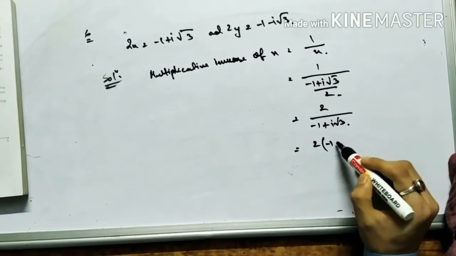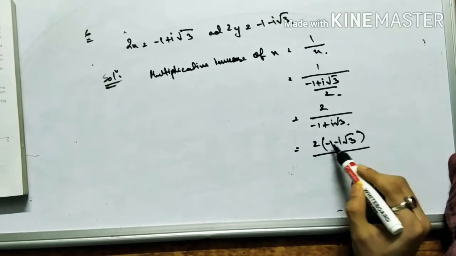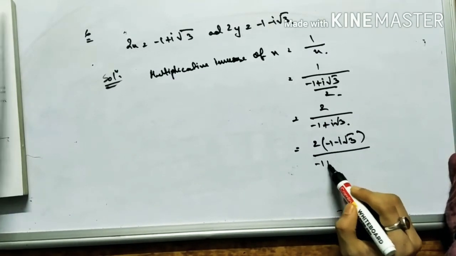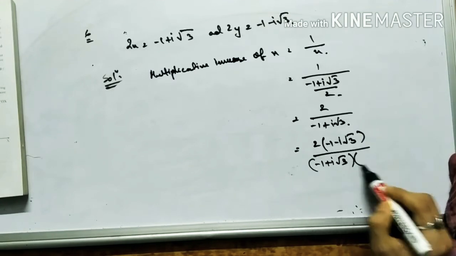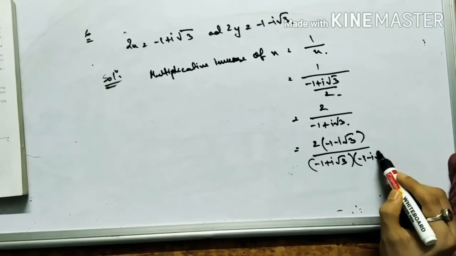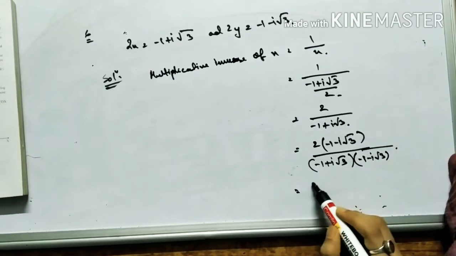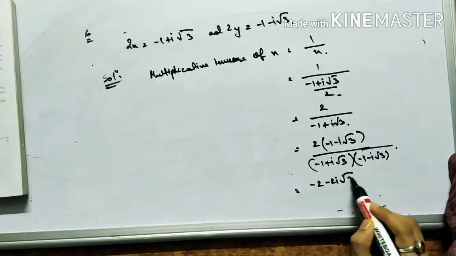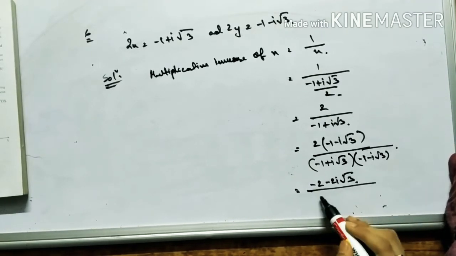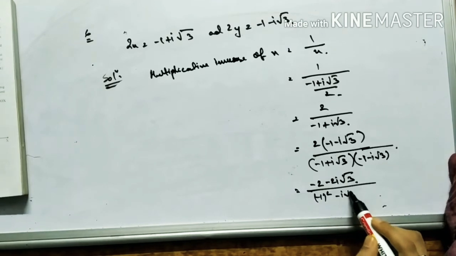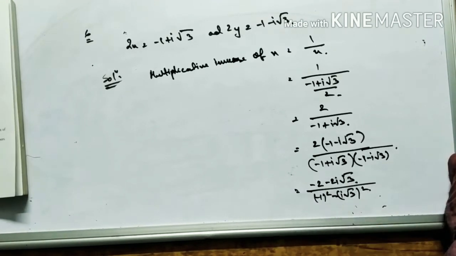Now both numerator and denominator I will multiply by minus 1 minus i root 3. Understand? So I will get minus 2 minus twice i root 3 by (minus 1) the whole square minus (i root 3) the whole square.